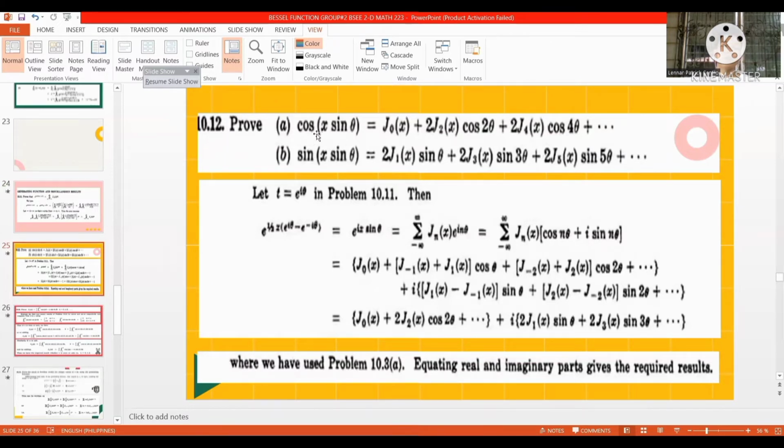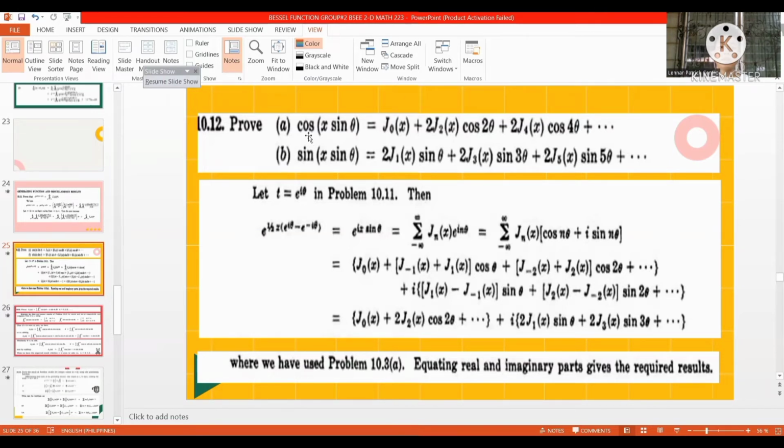Dapat nating ma-prove na yung cos(x sin theta) is equal to J_0(x) plus 2 J_2(x) cos 2 theta plus 2 J_4(x) cos 4 theta plus and so on.